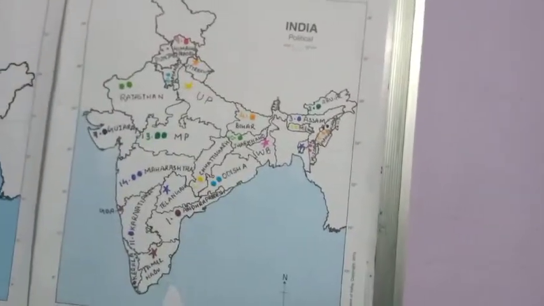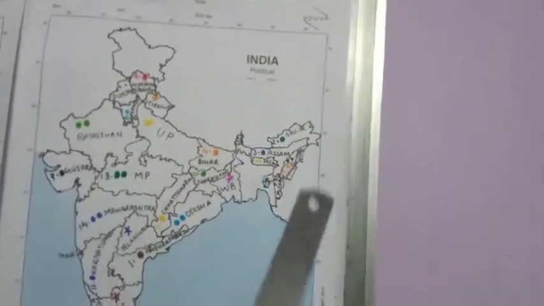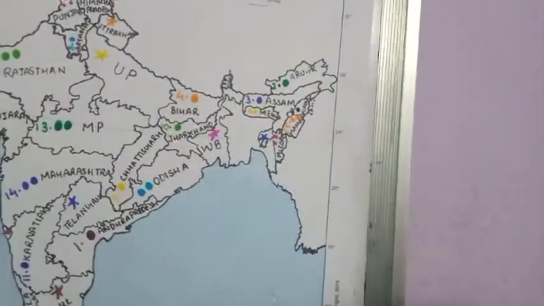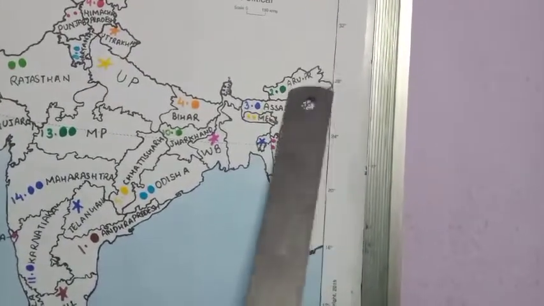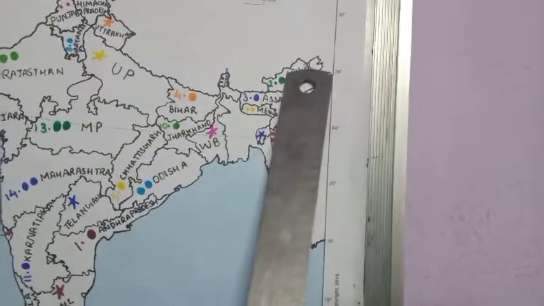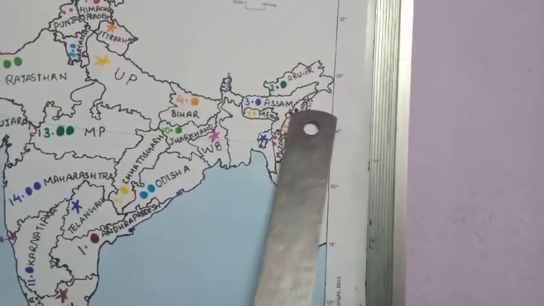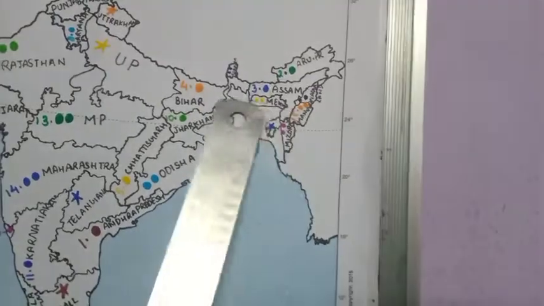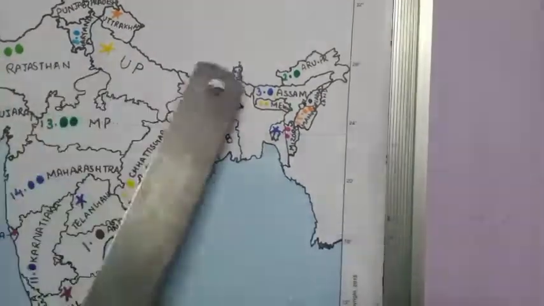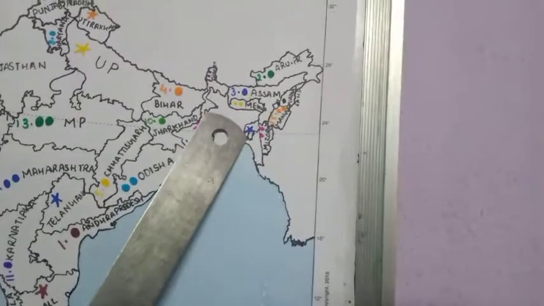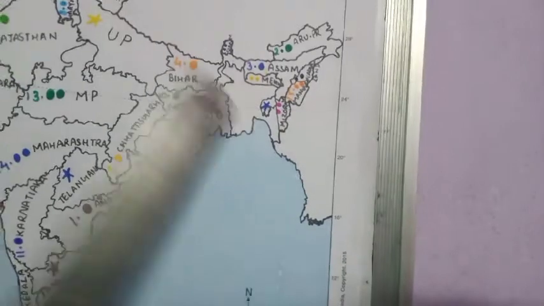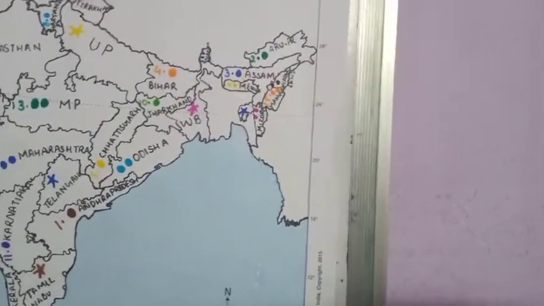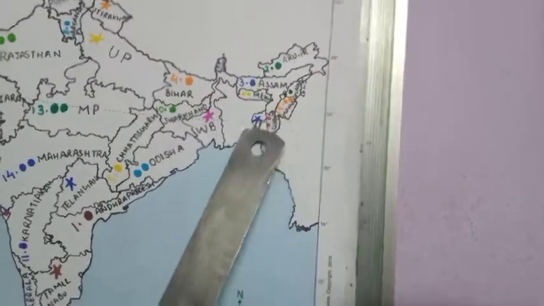Most of the students face problems in this area, which is known as the northeast area. So just the above part is known as Arunachal Pradesh. Just below it Assam, just below Assam is Meghalaya. Clear? And just below Meghalaya, I think the star mark here is Tripura.